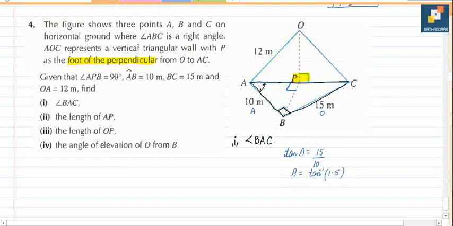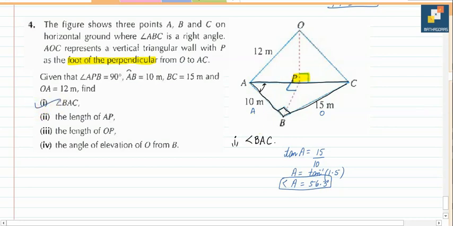So you can find the value of tan inverse 1.5. It's 56.3 degrees. So angle A is 56.3 degrees, right? Now you have the value of angle BAC.